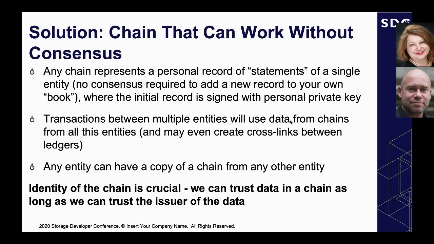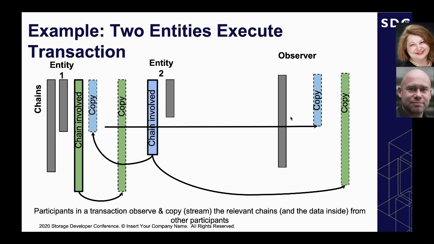What if two or more entities want to transact with each other? All they need to do is share the relevant personal chains with each other and use the information from these chains to move forward. Let's look at an example. We have two entities here with personal chains. Entity 1 is sharing the green personal chain with entity 2, and entity 2 is sharing the blue personal chain with entity 1.